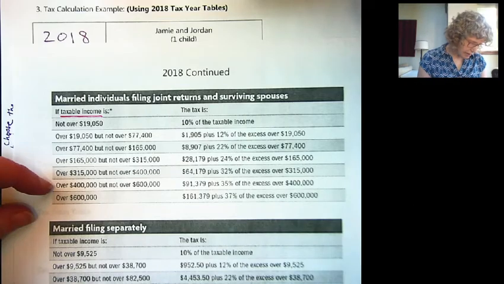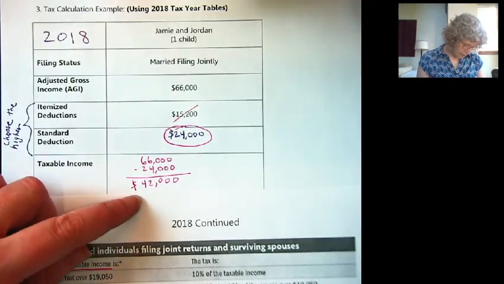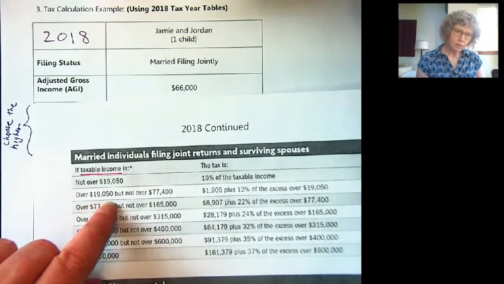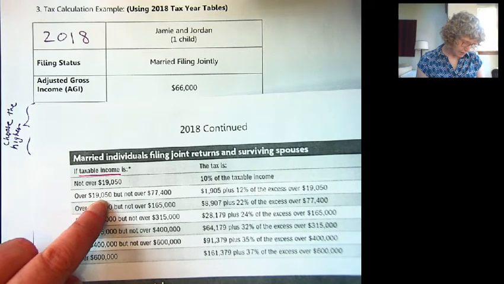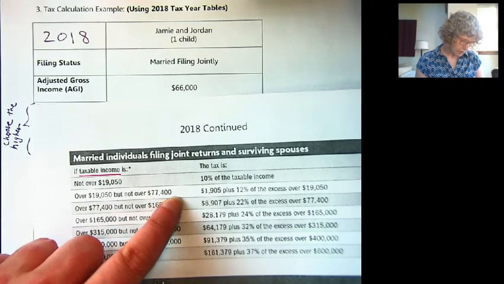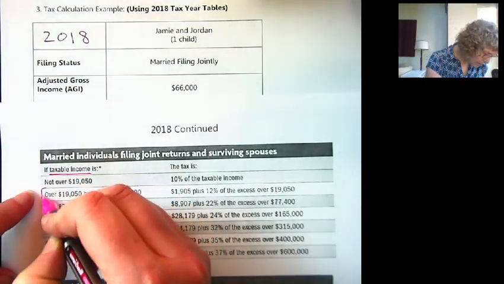So let's calculate one of these so you can see what it looks like. So their taxable income is $42,000. So that would fall in the first row here. It's over $19,050, but not over $77,400. So they're in this row.